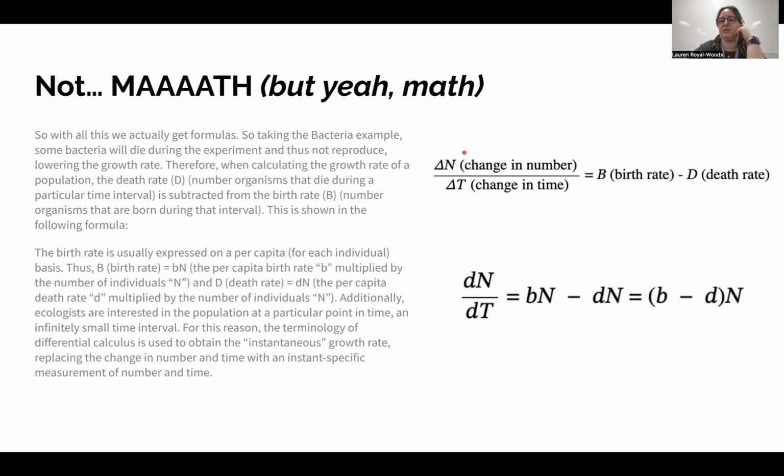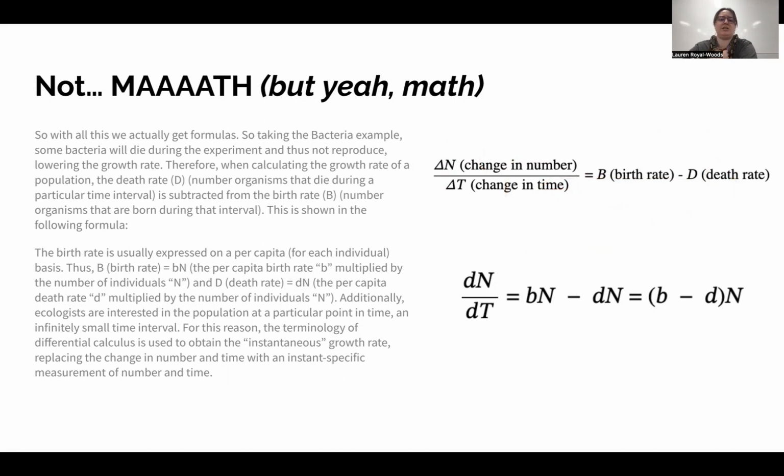So say you have a population of 1,000 individuals, okay? And T is for time. Now, the delta symbol in science always means change. So if you see that triangle, it means something's changing. So the change in population number over the time that you're watching this population should equal the birth rate minus the death rate in that amount of time.